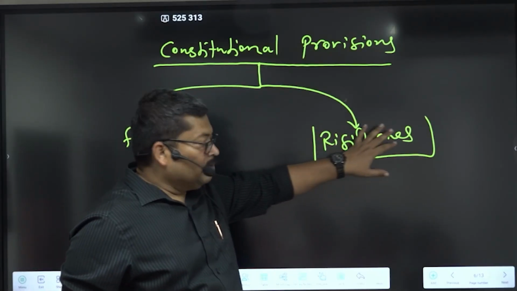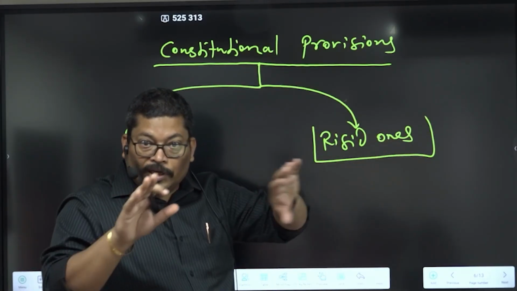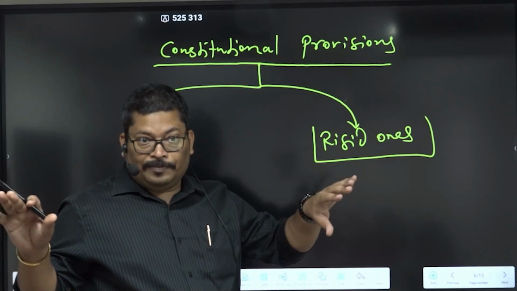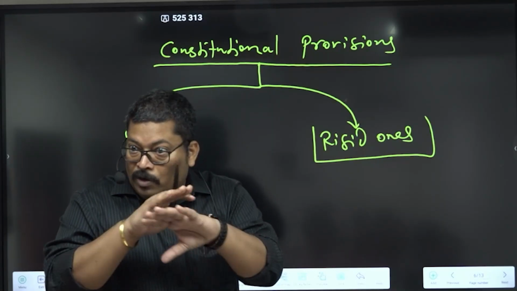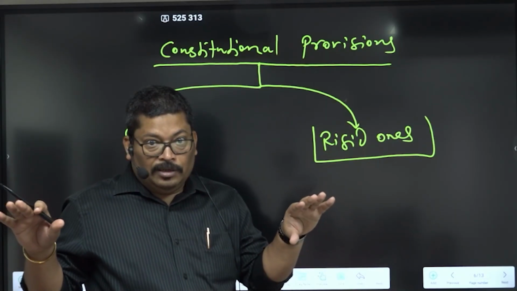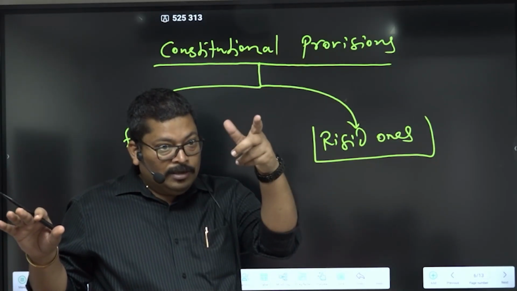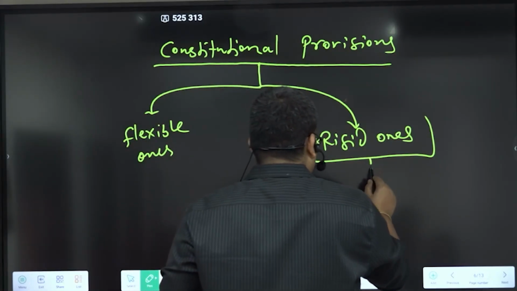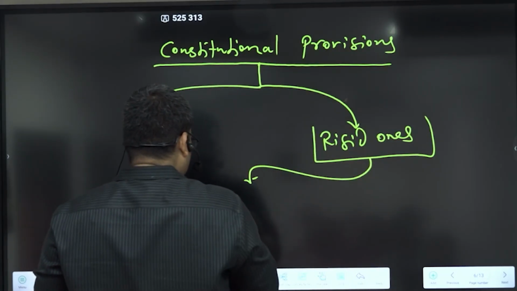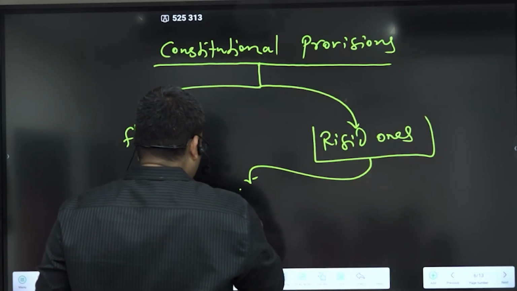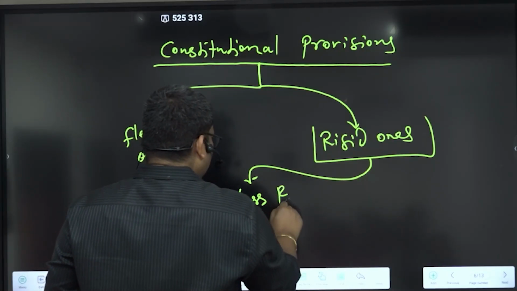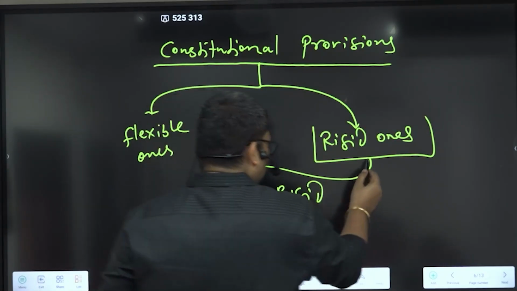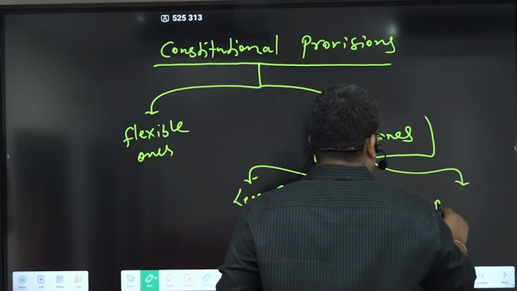It means all the rigid provisions do not have an equal degree of rigidity. Some are more rigid, some are less rigid.